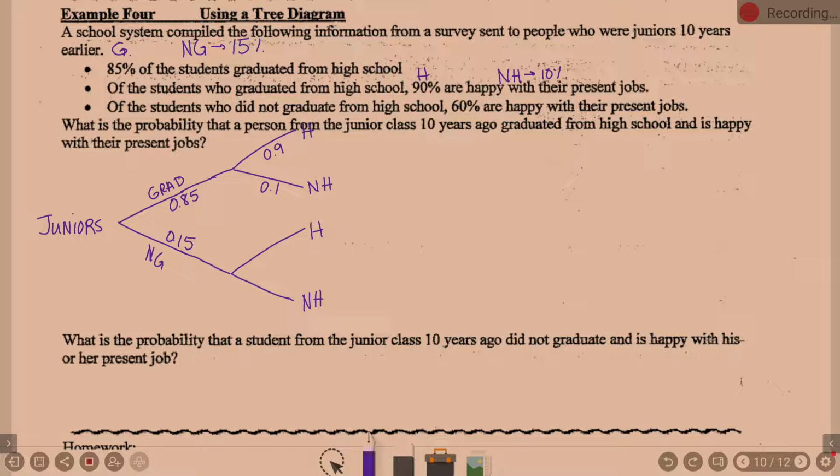Okay, 60% are happy. So that's going to be 0.6. How many are not happy then? Okay, so that means not happy is going to be 40%, or in other words, 0.4. Okay, did we get all the information on there?